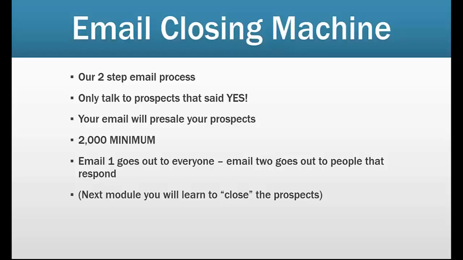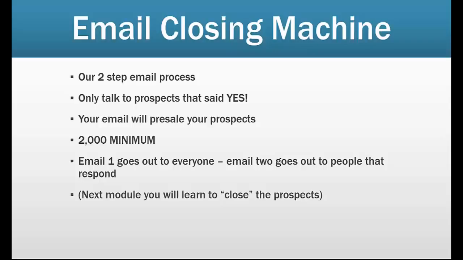Now, with this process, since we're going after such a small percentage of the business owners out there, roughly 3%, you really have to do a lot of mass emailing in order to get the process to work correctly. In fact, we recommend that you send at least 2,000 emails to bring in the first client, because there are all sorts of things that affect how many clients you actually close.